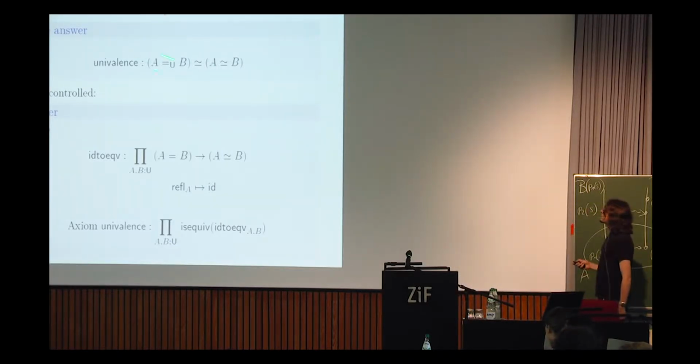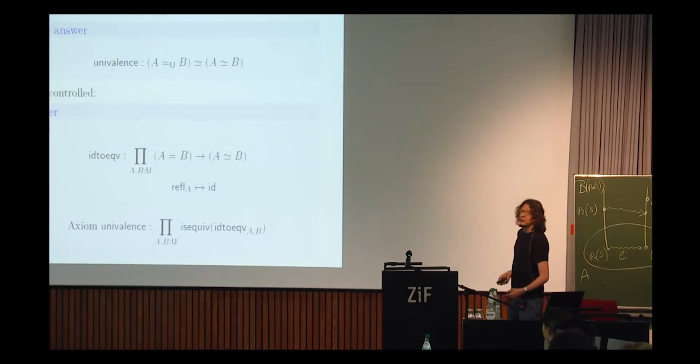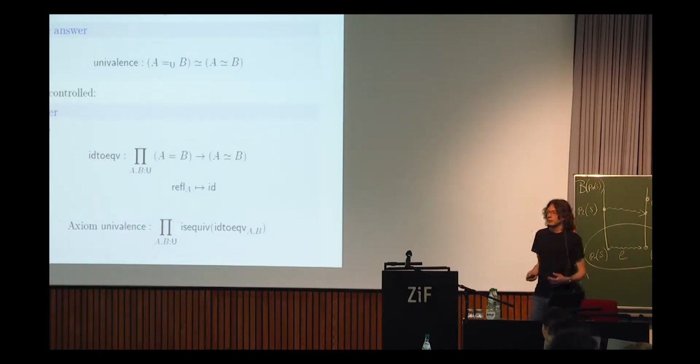It says that identities from A to B are the same as, or are equivalent to, equivalences between A and B. This is what induced the slogan, identity is isomorphism. The thing is, we don't just want any equivalence here, we want a very specific equivalence.